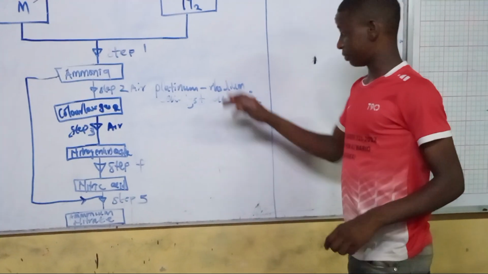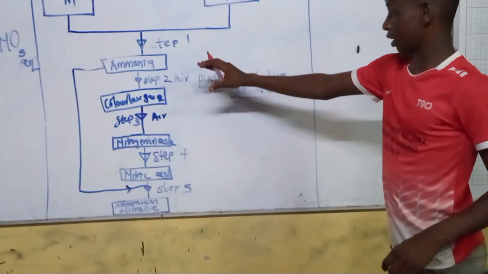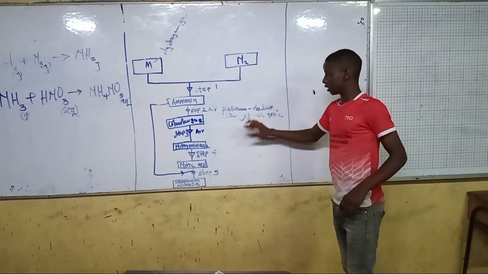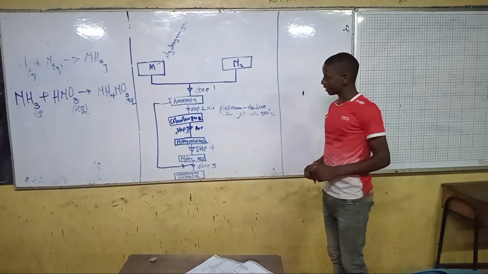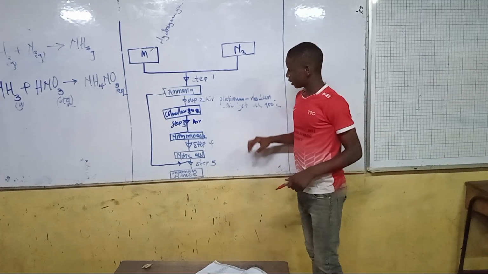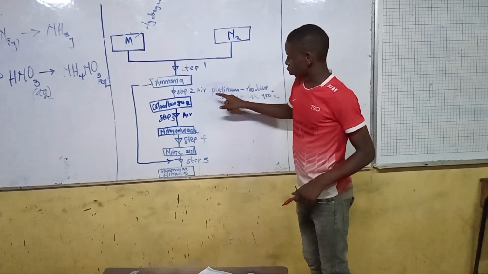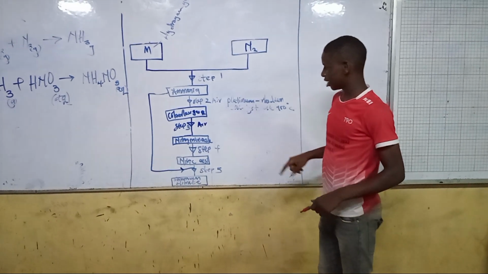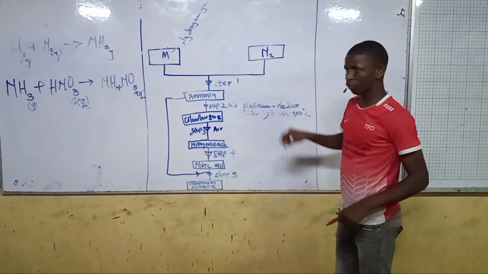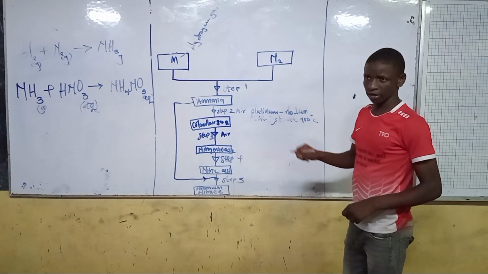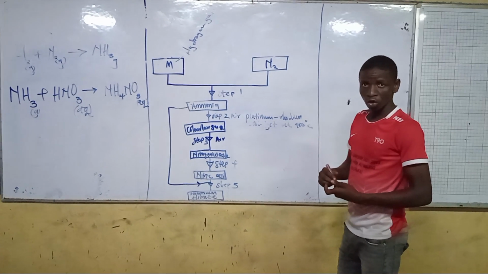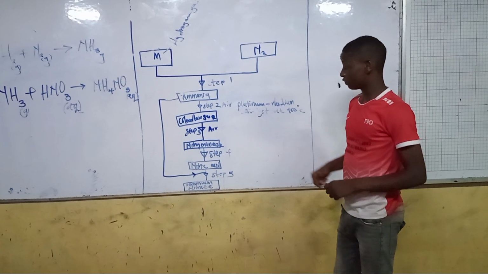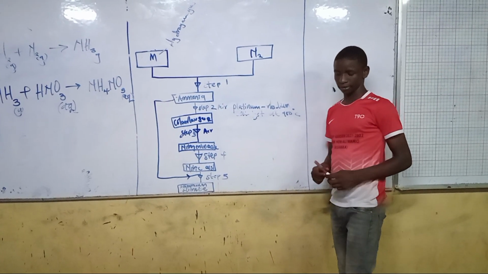Now, I was repeating, why is oxygen used in excess in step 2? I said that this is because it needs to convert all ammonia gas in this chamber to form nitrogen 2 oxide, which is further on converted or oxidized by oxygen to form nitrogen 4 oxide.